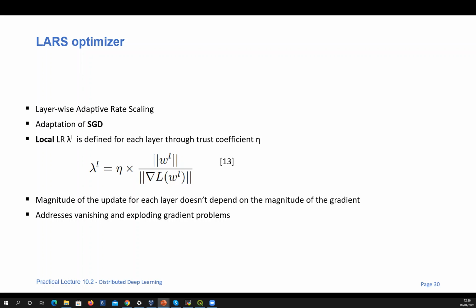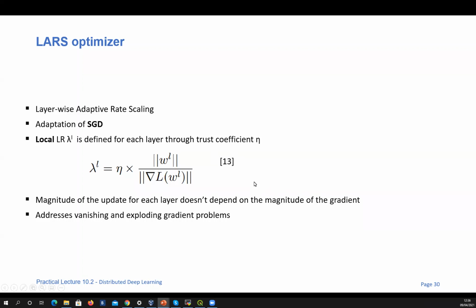Instead of using a global learning rate used for each iteration, it tries to adapt it for each layer of our model, with this mathematical formula, as the ratio between the norm of the weights and the norm of the gradient of the loss.